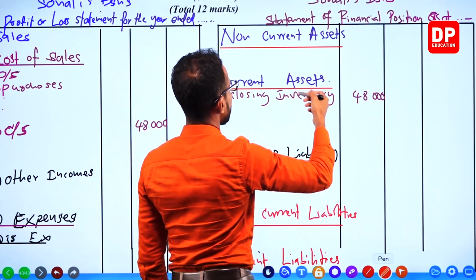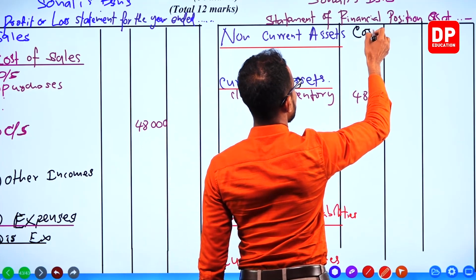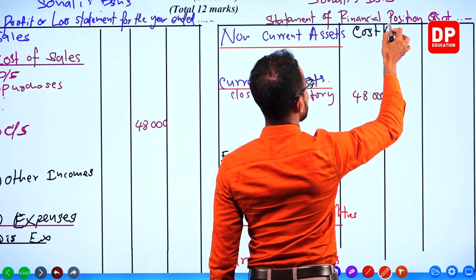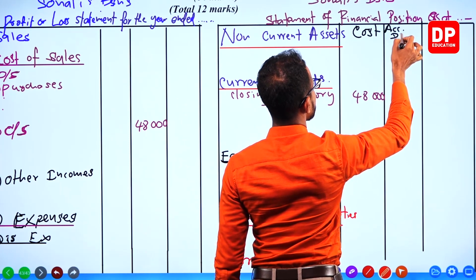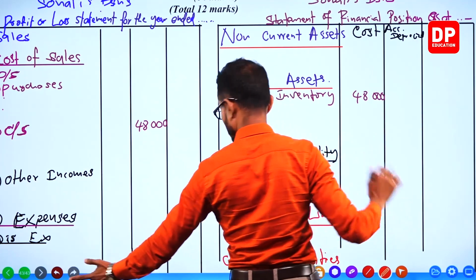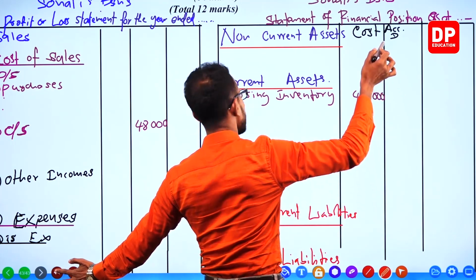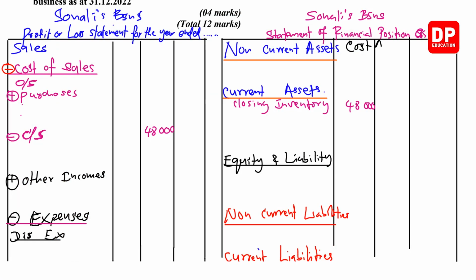Under non-current assets, the first column should be the cost column, the value column. Next column is accumulated depreciation. Now we calculated depreciation, right? But why does it say accumulated depreciation?